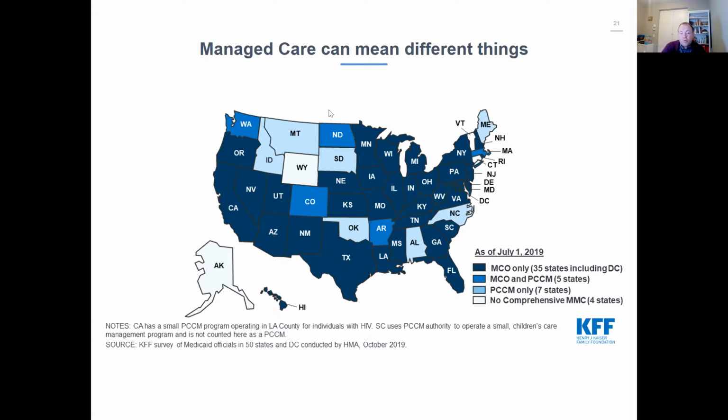There are some that have both those MCO programs as well as primary care case management. Those are in the slightly less dark blue. Lighter still, there is only primary care case management. That's again just 7 states. And then there are 4 states that have no comprehensive Medicaid managed care.